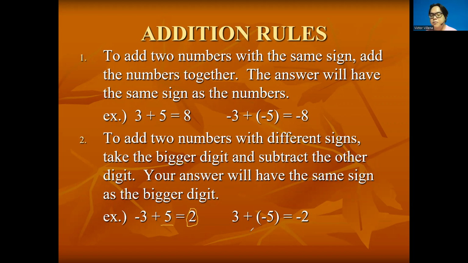Another example is 3 plus negative 5. Again, 5 is the larger number, so we subtract 5 minus 3. That's 2. But since negative 5 is the larger digit, we copy the negative sign. So the answer is negative 2.